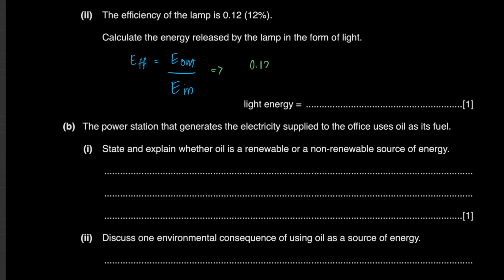Efficiency is 0.12, out is unknown, let's call it x, and in is what we just calculated, 17.01 mega. I'm getting 2 times 10 to the power 6. Let's just call it 2 megajoules.